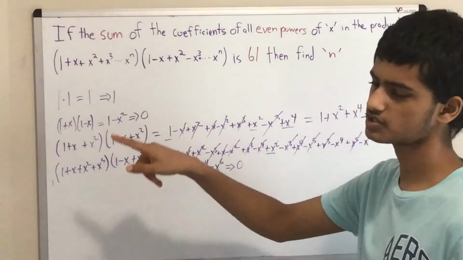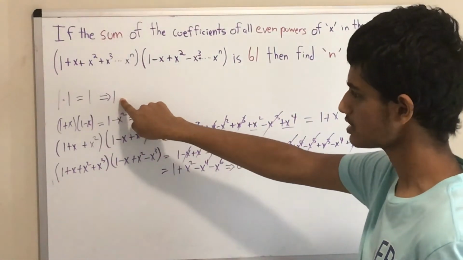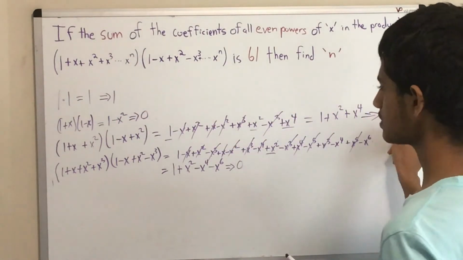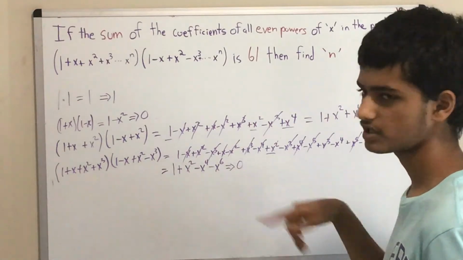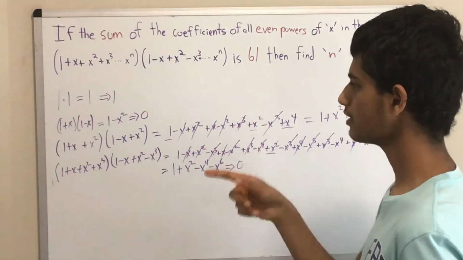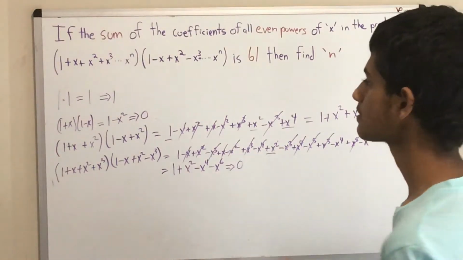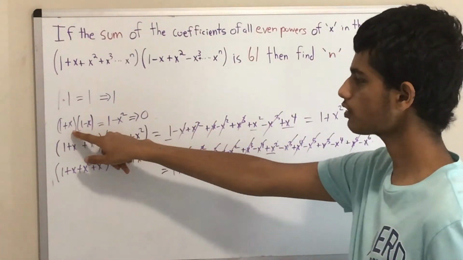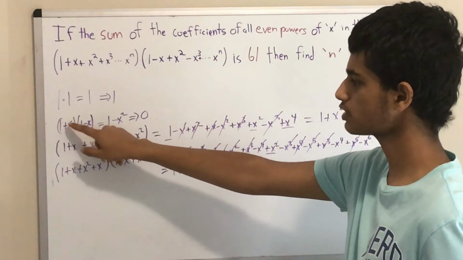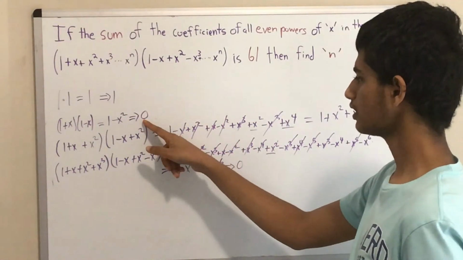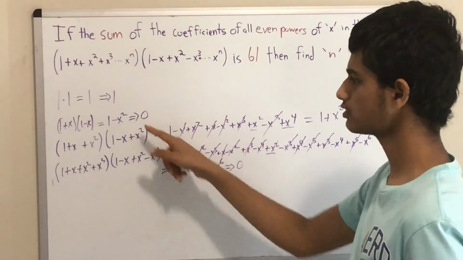And we notice something interesting. The first power is even, the second power is odd, the third power is even, and the fourth power is odd. So it seems like the answer flips with odds and evens. When the maximum degree of x is odd, we get an answer of 0.